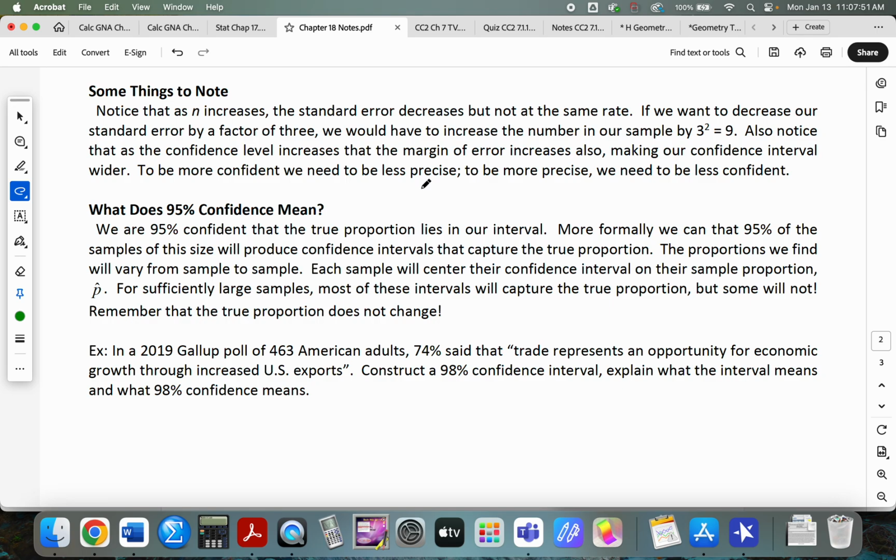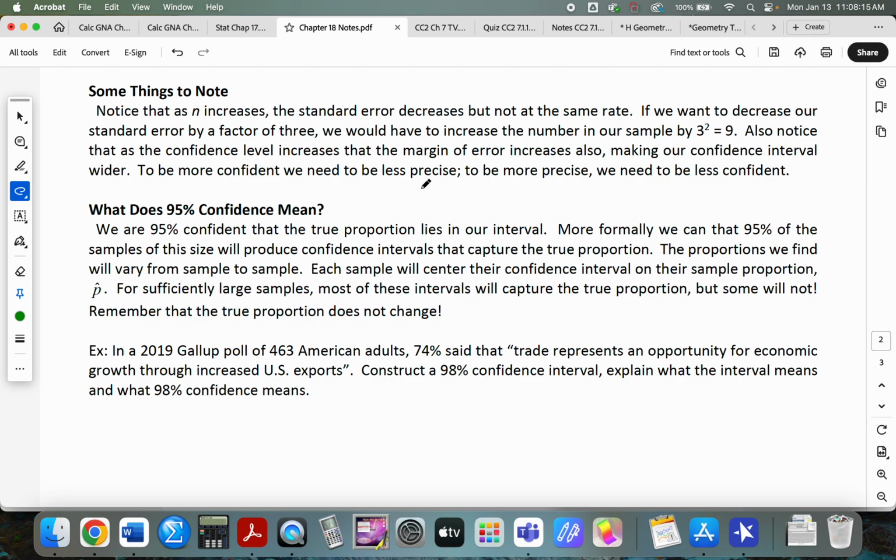If I'm trying to predict the score in a game, if I give you the exact score and I say, I think that the Texans next weekend will score exactly 13 points, how confident am I of that? Not very. If I say they're going to score between 0 and 78 points, I can be really confident that they're going to be in that.